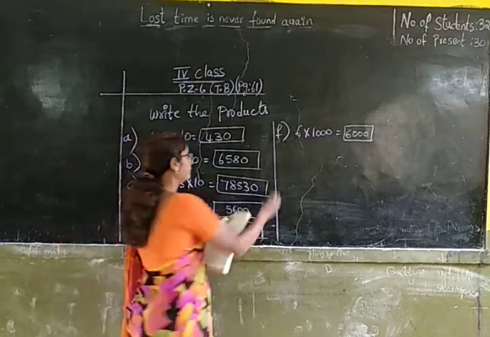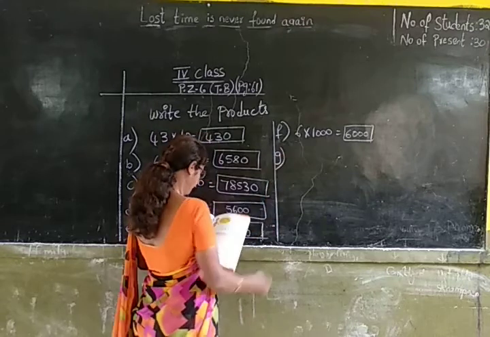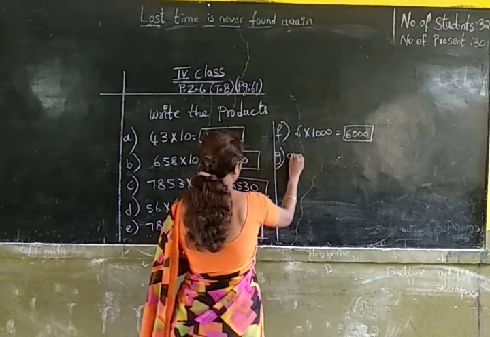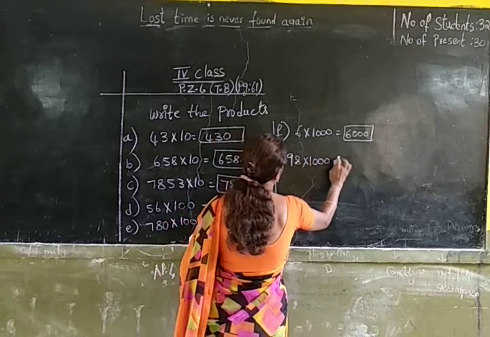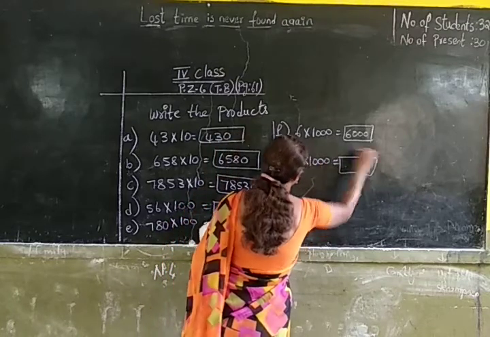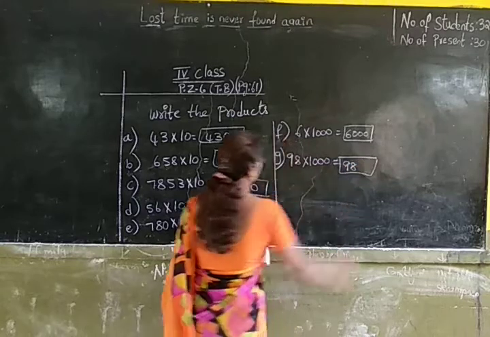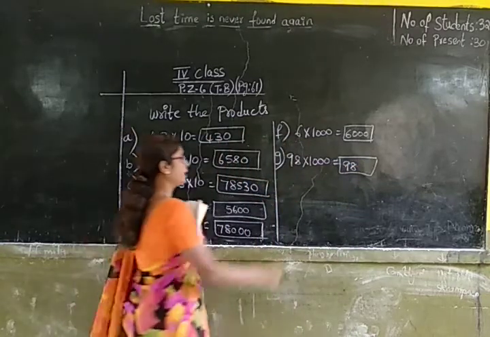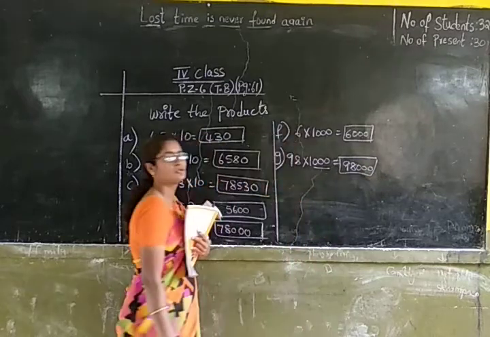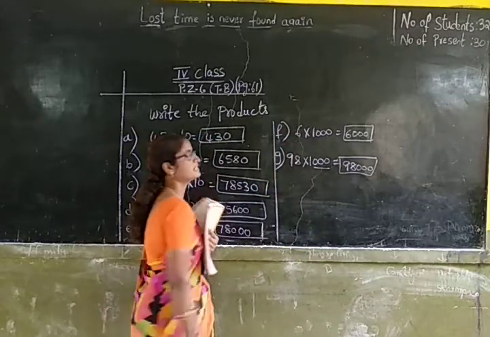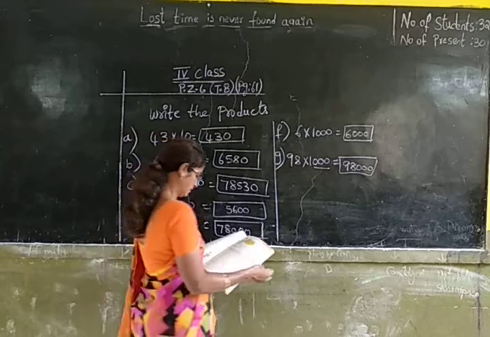Okay children. Next, G sum. 98 into 1000. So first we have to write the multiplicand and we have to place 3 zeros to the right side of the multiplicand to get the product because 1000 is having 3 zeros.